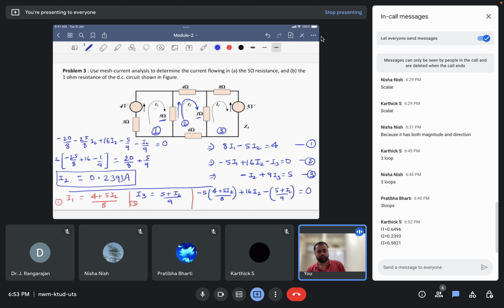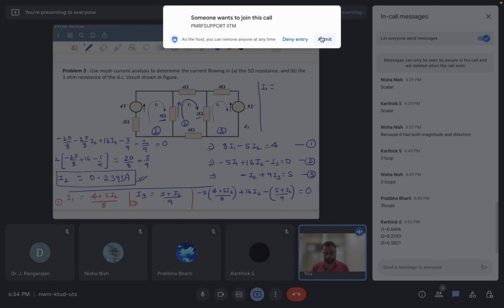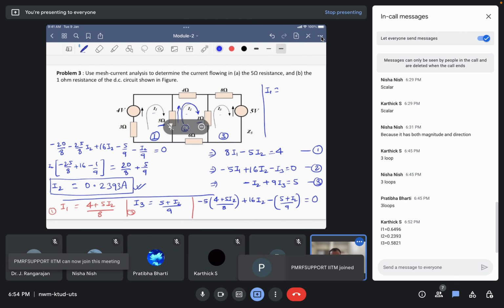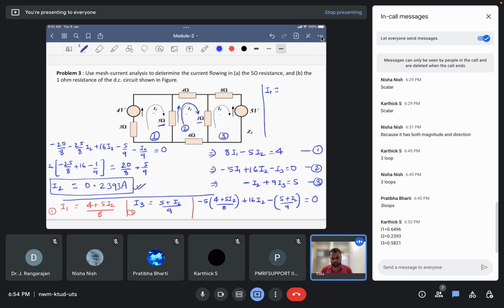So what will be the current through the 5 ohm resistance? Is it I1 or some other value? Is it because I1 is just a component here? So okay, I2 we have already got, so let us find I1. So I1 is given here, (4 plus 5 I2) divided by 8.